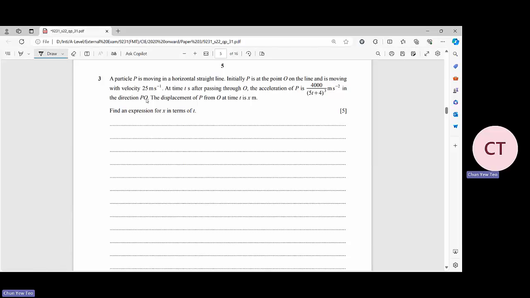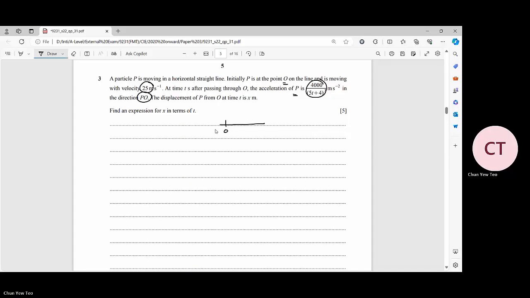Particle P is moving in a horizontal straight line. Initially, P is at the point O on the line, moving with a velocity of 25 meters per second. At time t seconds after passing through O, the acceleration of P is given as such, in the direction of PO.